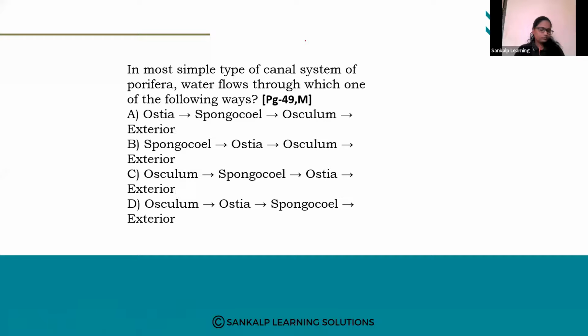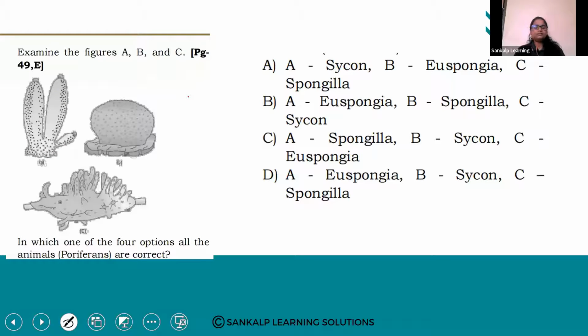Okay. So in the simple type of canal system of Porifera, water flows first through the ostia, then spongocoel, osculum, and to the exterior. Next question. Examine the figures A, B, and C and tell the right answer.